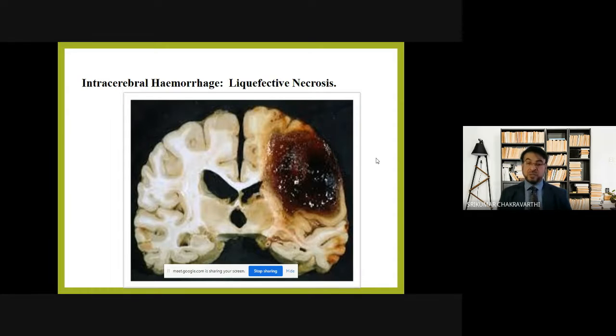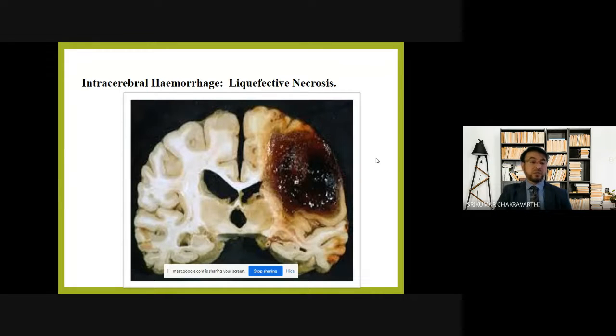Now liquefactive occurs in the brain because the brain is already semi-solid and semi-liquid. While remember, coagulative necrosis occurs more in solid organs such as the heart, the lungs, the liver, the kidneys. And when a coagulative necrosis occurs due to tuberculosis in the lung, it becomes caseous necrosis. In the brain, it is liquefactive.